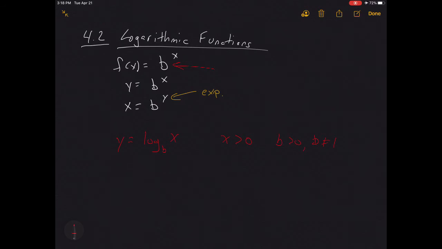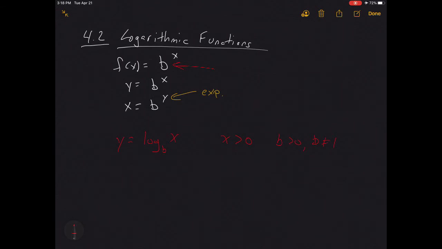Okay, and the reason for that is, now that we know how exponentials work, if I were to take 0 as the base, and I were to raise 0 to any power, 0 raised to any power is going to give me 0. Well, that doesn't change. That means the y value is always 0. It's never going to change. If I was to take 1 and raise it to any power, 1 times itself any number of times is still 1.